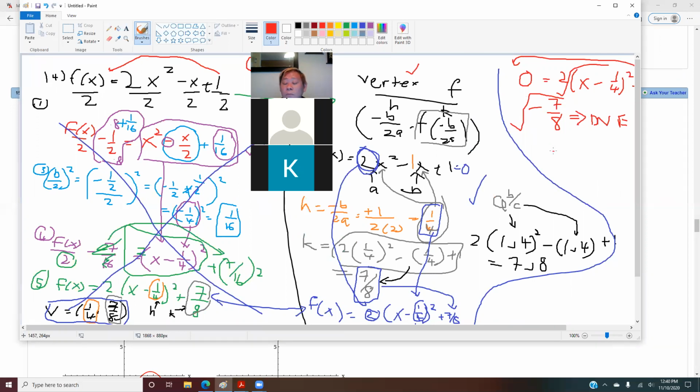I inserted negative 3 and then divided that by 2 times a, which would be negative 1/3. Okay, so it's negative 3 divided by negative 2/3, right?